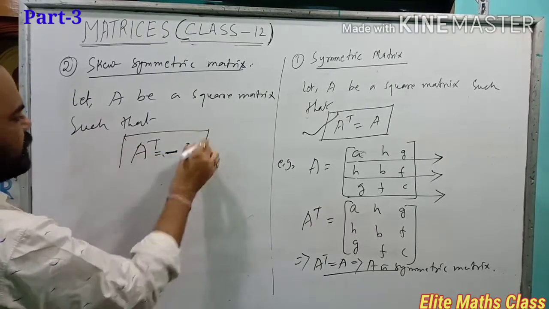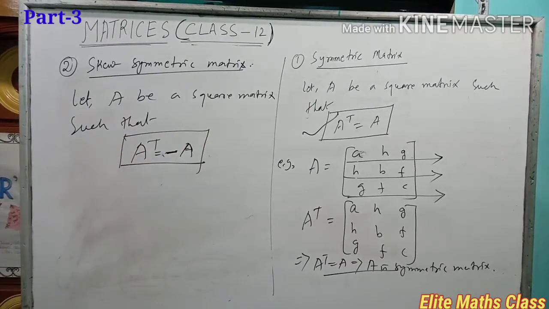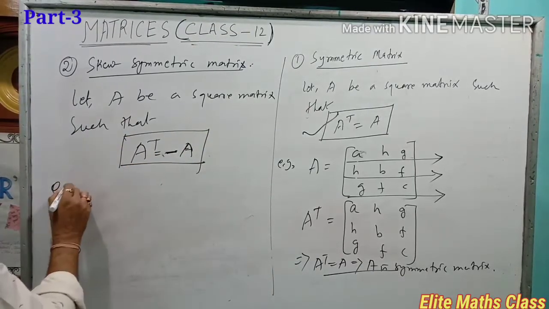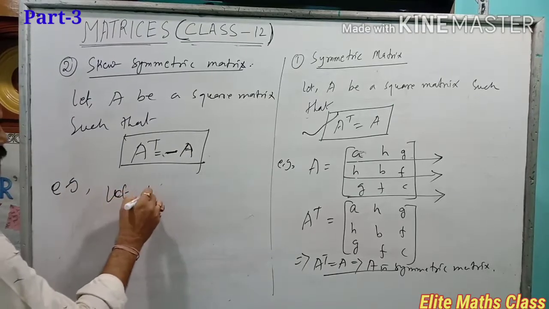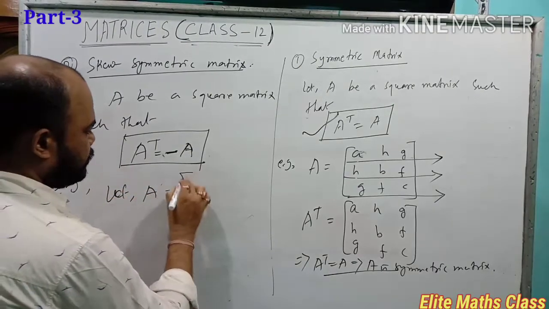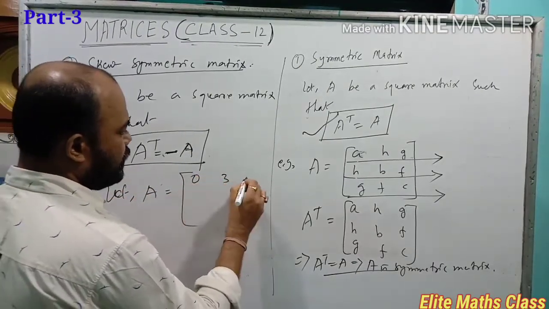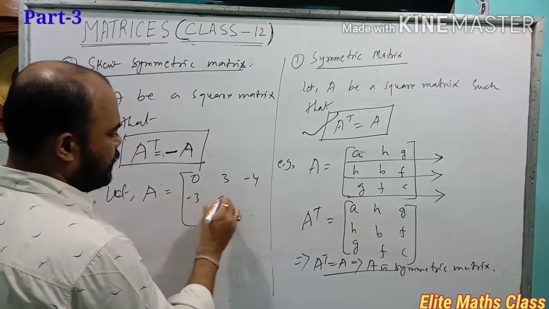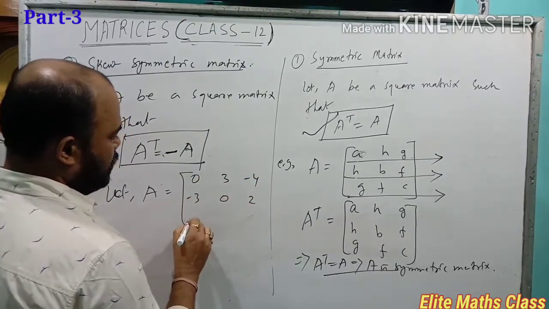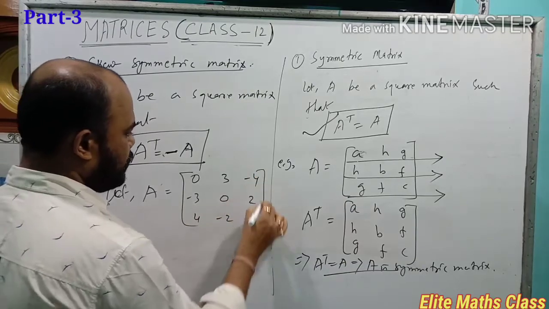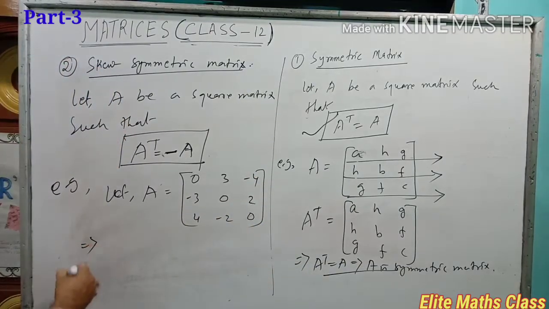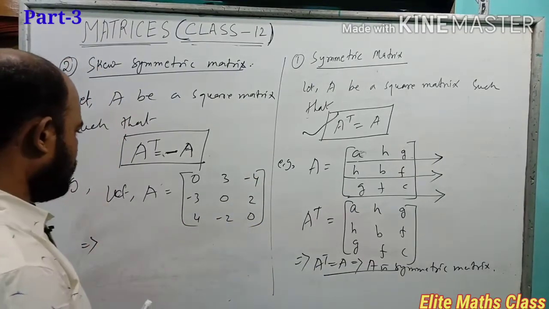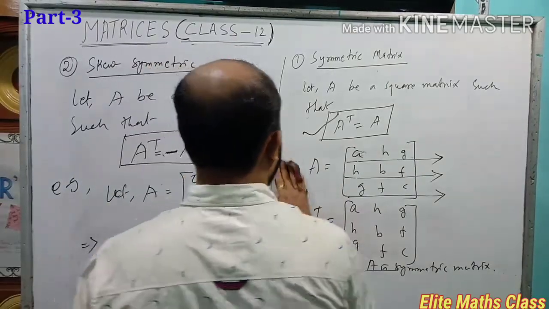If this happens, then this matrix is called a skew-symmetric matrix. For example, let A equal to [0, 3, -4; -3, 0, 2; 4, -2, 0]. Scalar multiplication is already defined. Now let us see what the transpose of this matrix is.